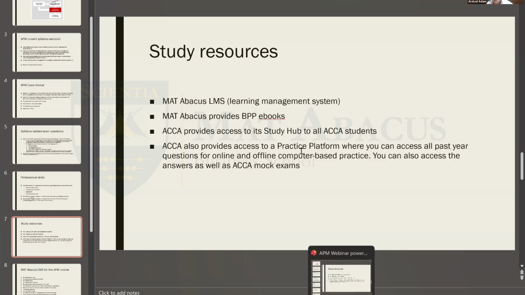But the ones on the practice platform are in the format in which they come in the exam, because you get access to the software ACCA uses. You also get the answers. And every 3 months, ACCA posts a mock exam, which you can always try.